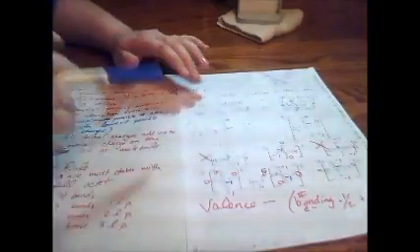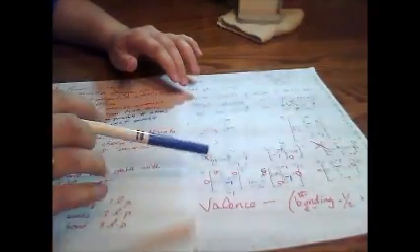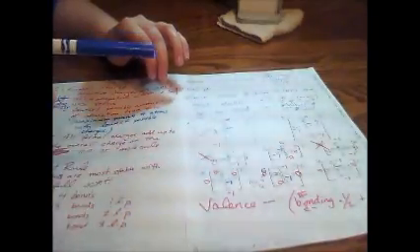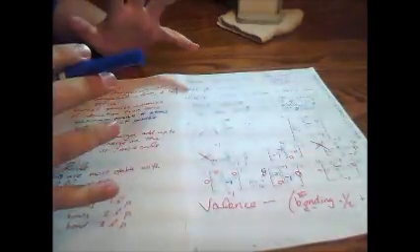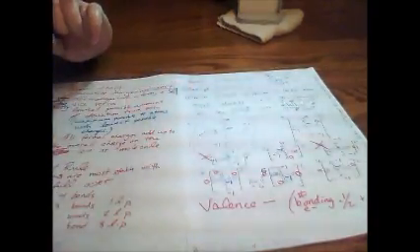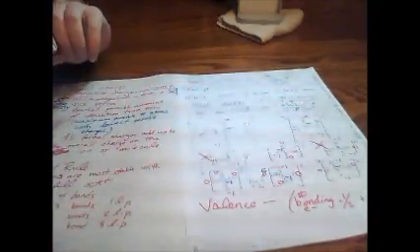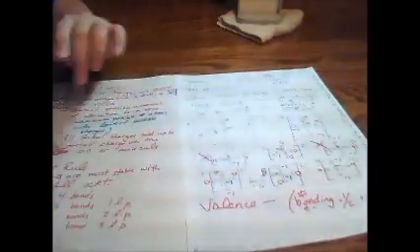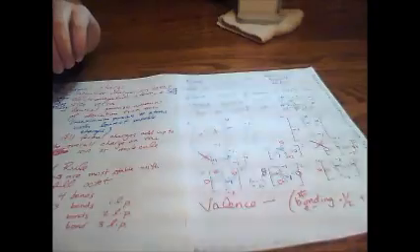Sulfur is much less electronegative than oxygen, in a relative sense. Okay, oxygen is definitely more electronegative than sulfur is. So it is not very stable for sulfur to have these negative formal charges on it.